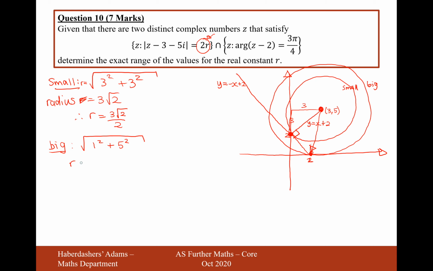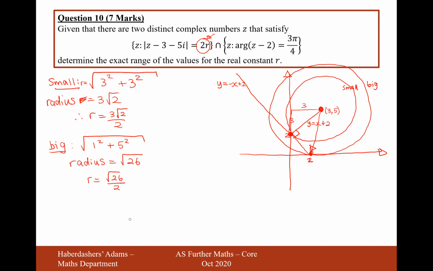Therefore the radius is going to be the square root of 26. So therefore r is going to be root 26 over 2, because the radius in this question is apparently 2r.